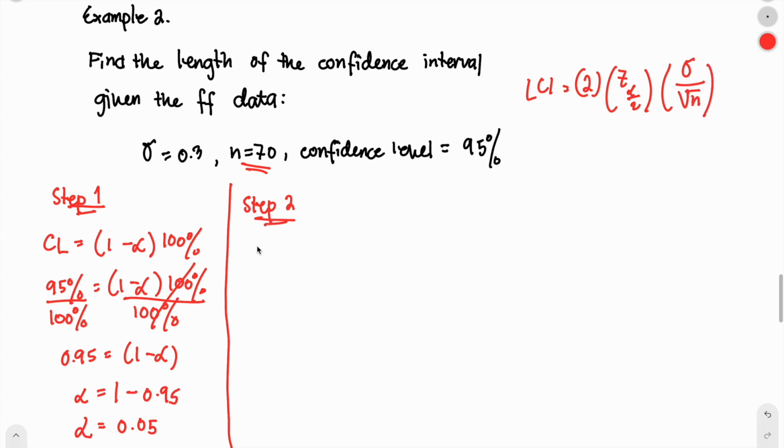So we should get this value. Alpha over 2 is equal to 0.05 divided by 2, which is 0.025. Therefore, z sub alpha over 2 is z sub 0.025.